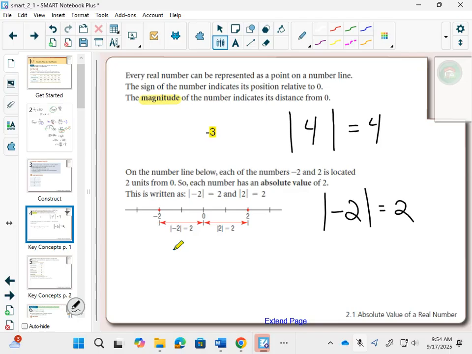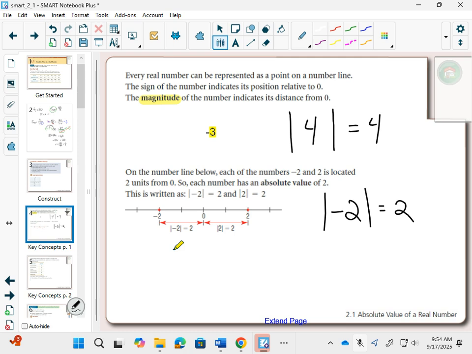What ends up happening for most students is they forget that the absolute value bars mean how far away it is from 0 because they use a shortcut. The shortcut they use is they say, ooh, this just makes whatever number's inside positive. If the number is positive, it stays. If the number is negative, it changes to positive.